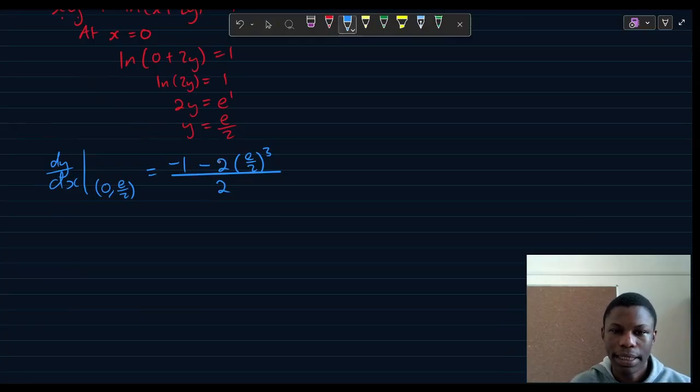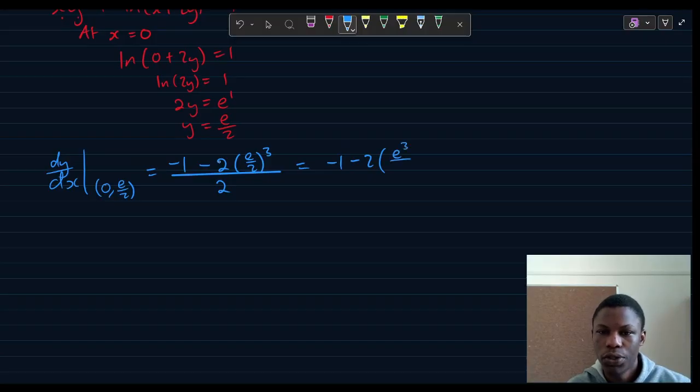So our dy dx here, can we simplify that? On the numerator, we've got negative 1, negative 2, and that's e cubed over 2 cubed. So e cubed over 2 cubed, 2 cubed is 8, and this is still all over 2, and this is equal to negative 1.